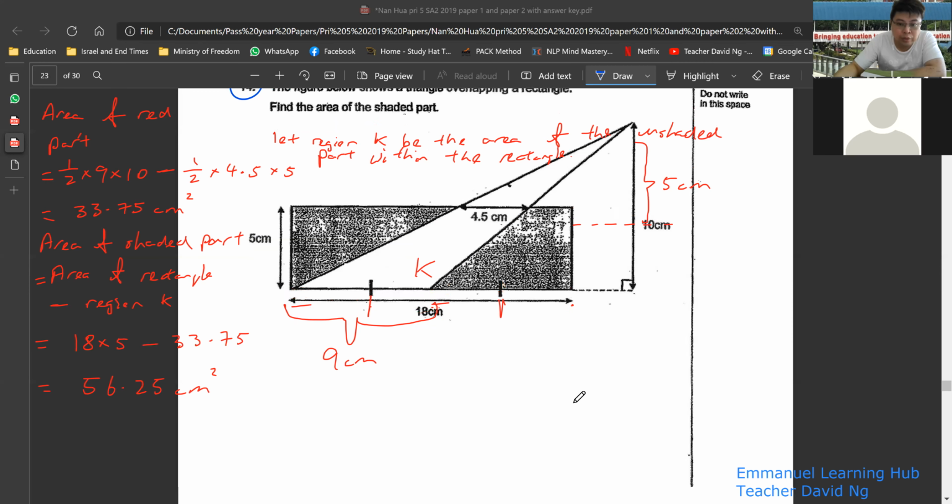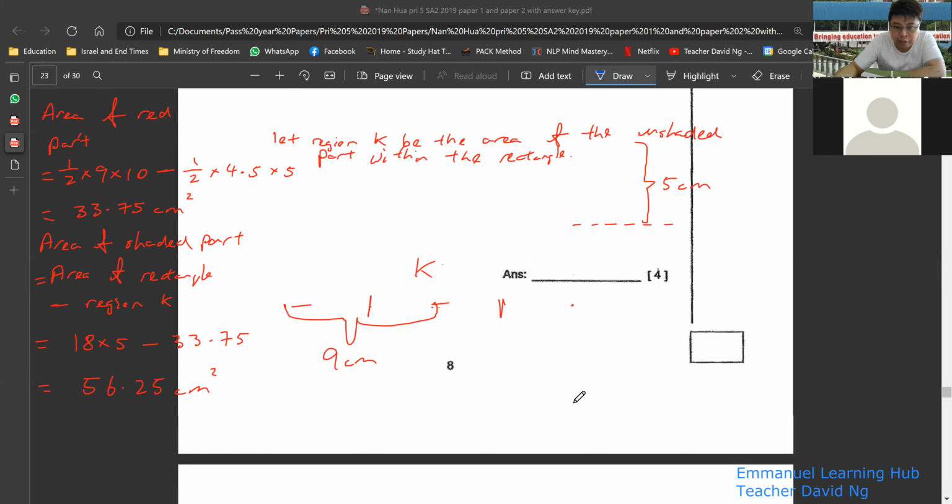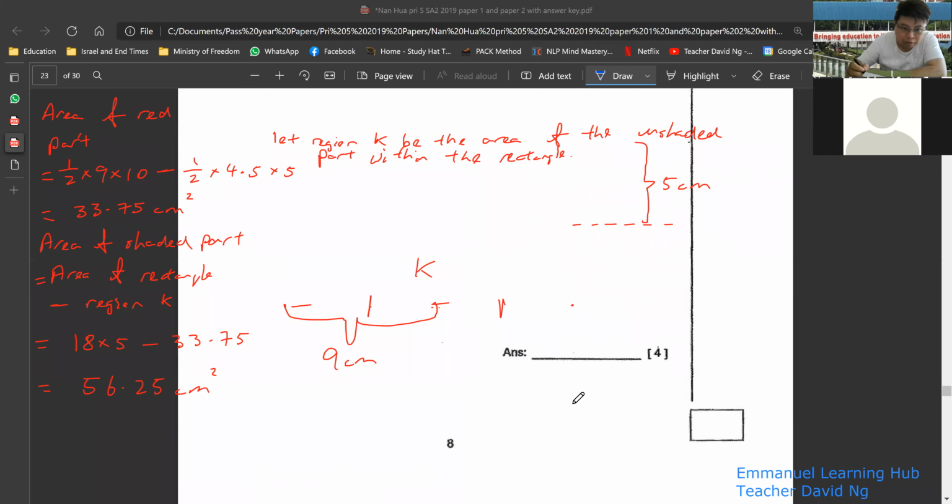Then when you write your answer here, you write 56.25 cm square. Don't write just 56.25. What must you write? cm square.